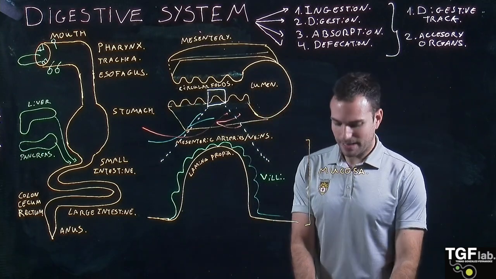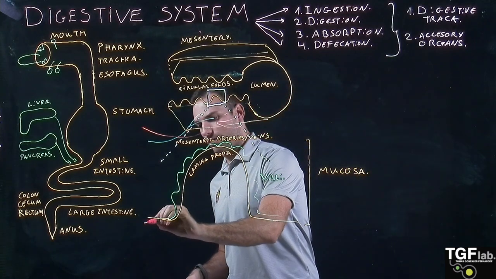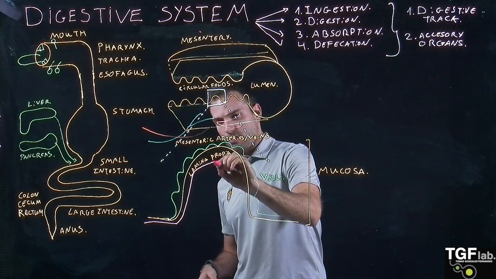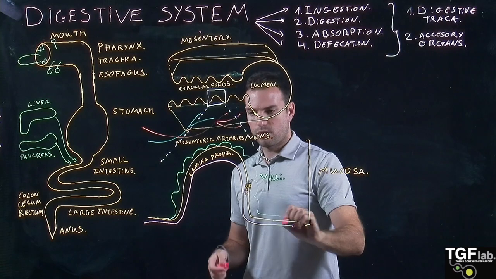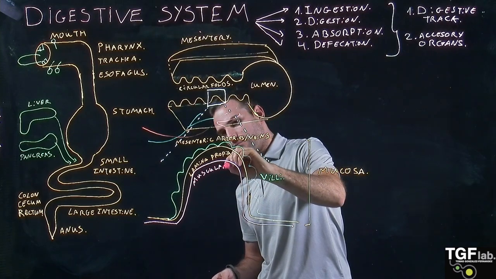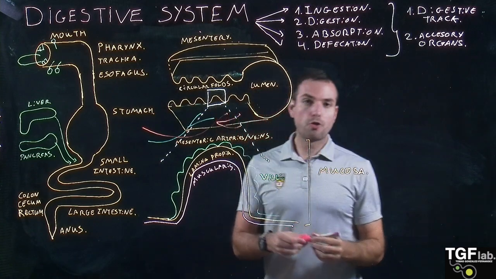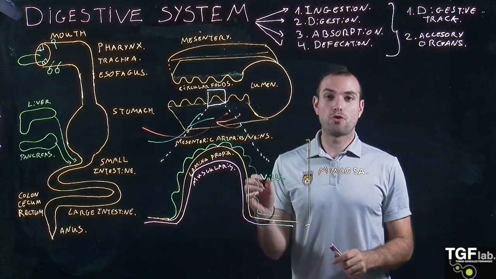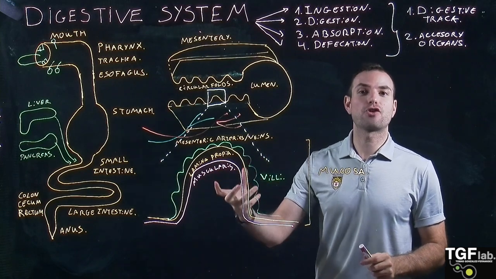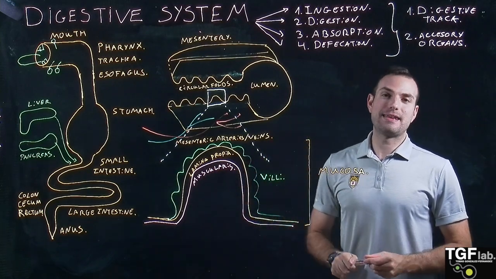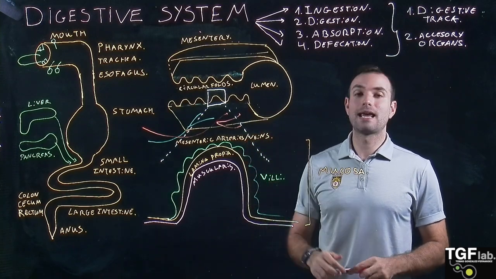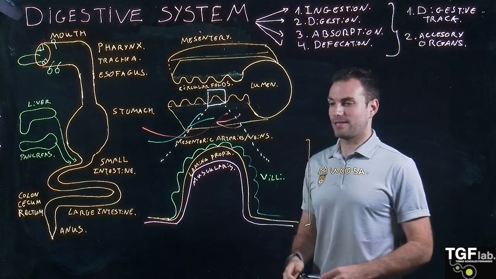And then under the lamina propria, we have a really important layer here, which is the muscularis. So the muscularis here is going to produce some muscular movements for the activation of the different secretory cells. So they secrete different proteins and different mediators and hormones into the digestive tract for the digestion.